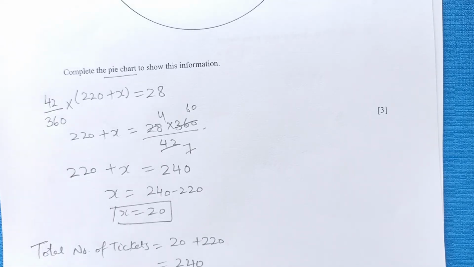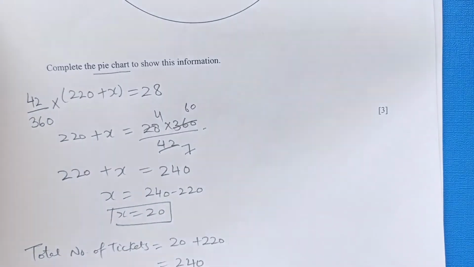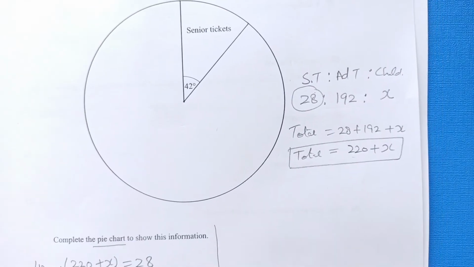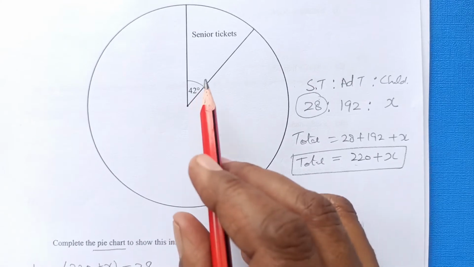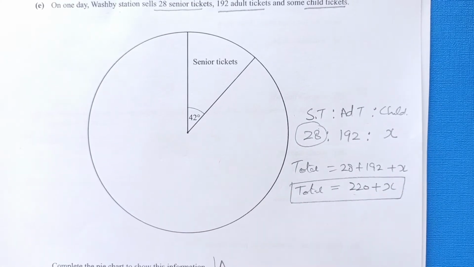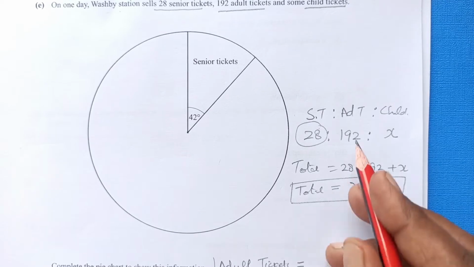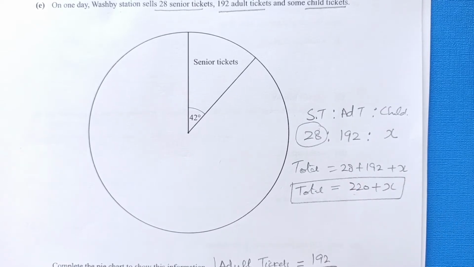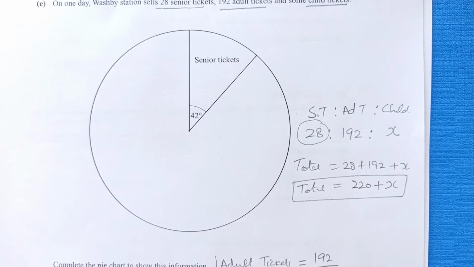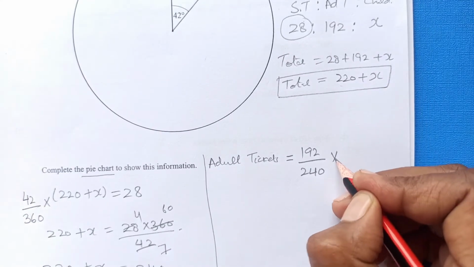Now the question is to find out the angle to complete the pie chart, right? So senior tickets we already have. We are looking for the adult. For the adult tickets, what will be the angle? It is 192 out of 240, which we have calculated, times 360.